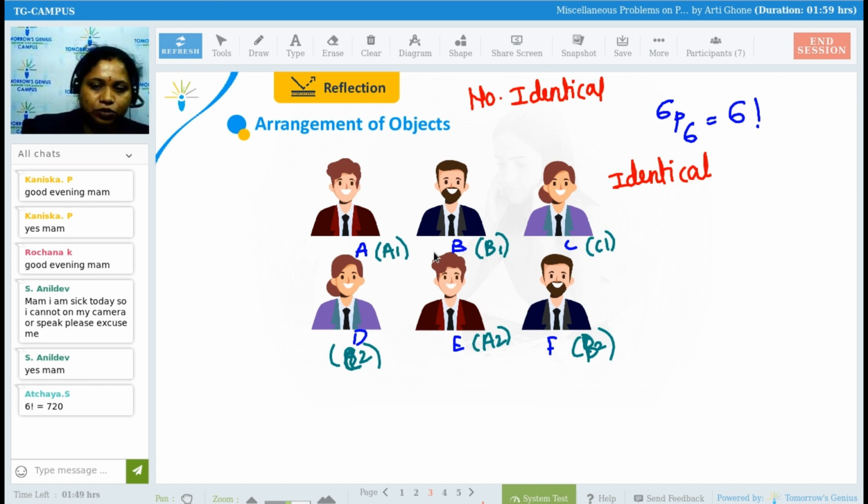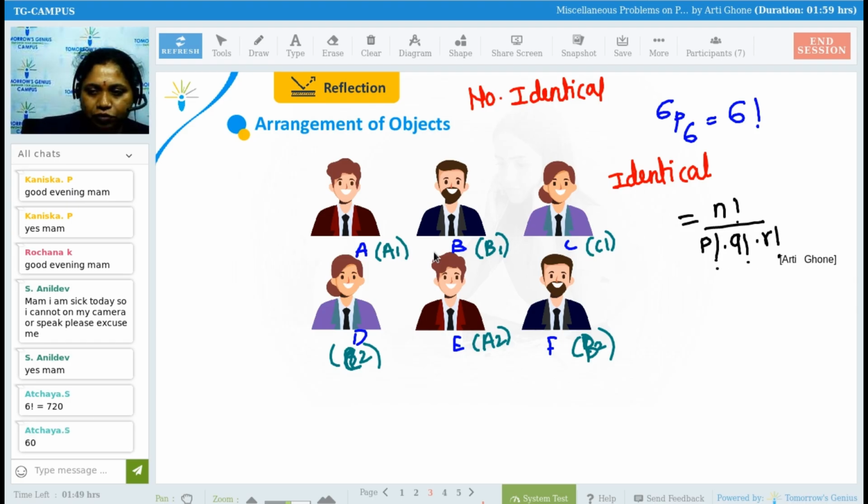Tell me the identical permutation over here. What will be the identical permutation? N factorial upon P factorial into Q factorial into R factorial.